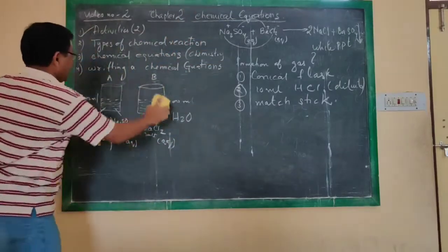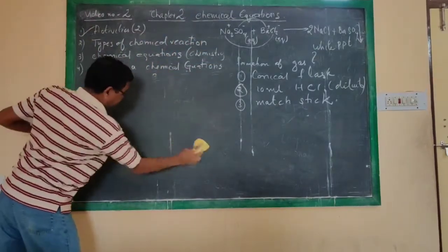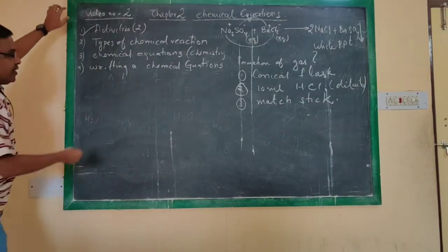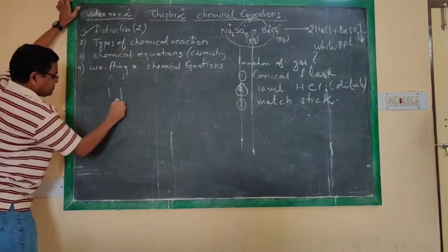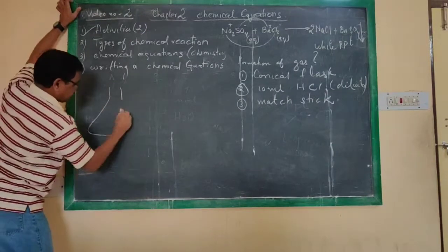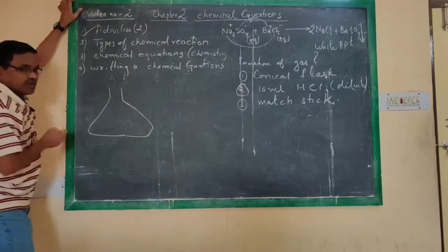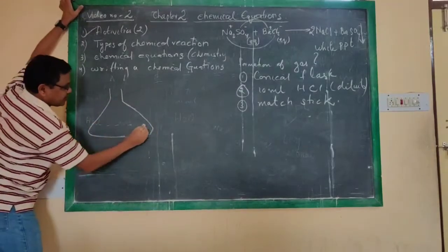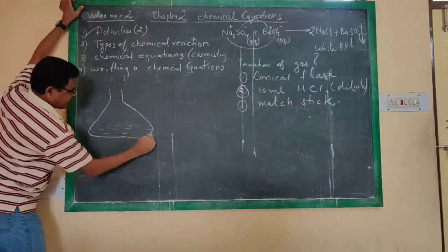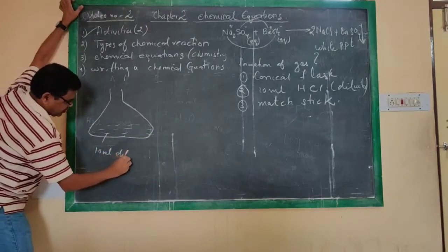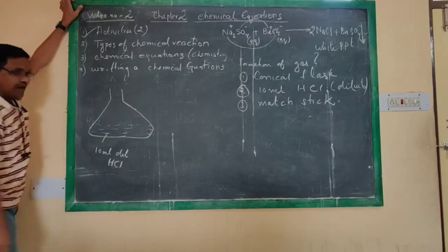Now the activity goes like this. Take this conical flask and in this put 10 ml of dilute hydrochloric acid.